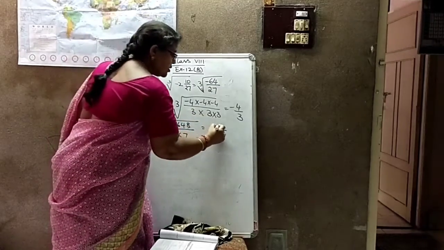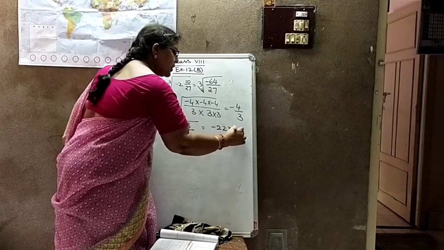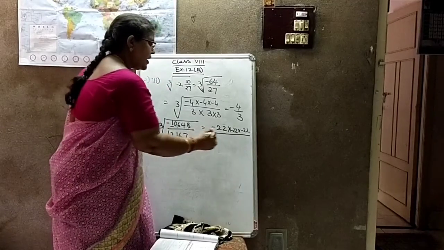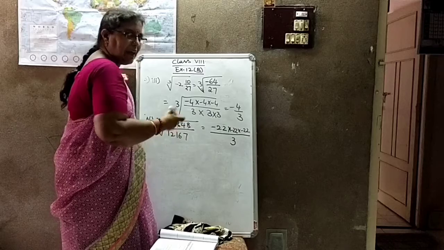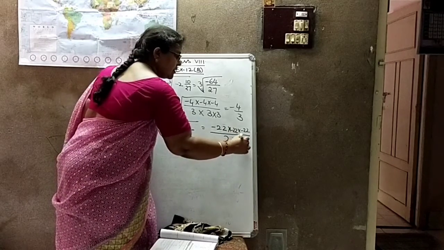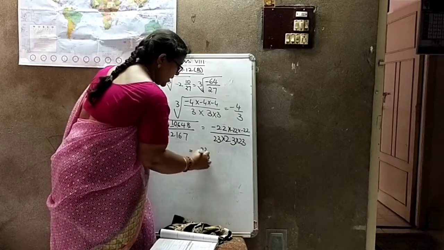So minus 22 into minus 22 into minus 22 by 7 is there. So 3 will come, 3 digits less than, again 2 only. So 23 into 23 into 23. So it is equal to minus 22 by 23.